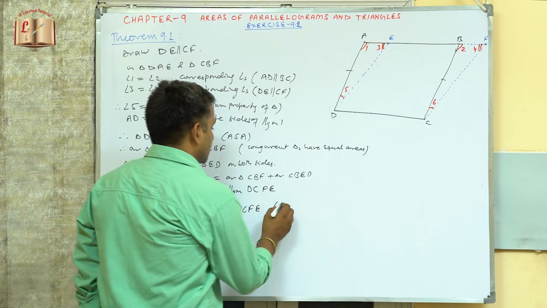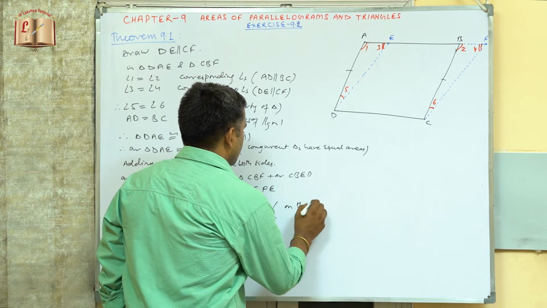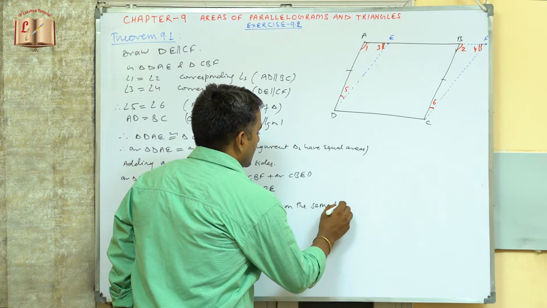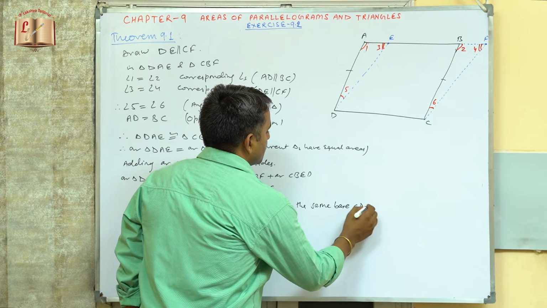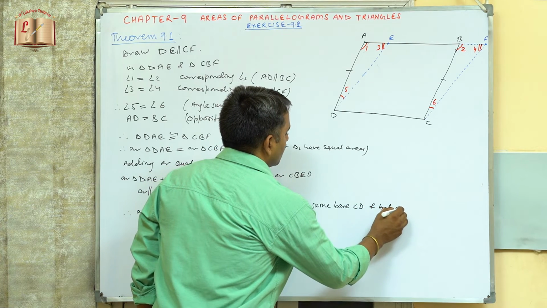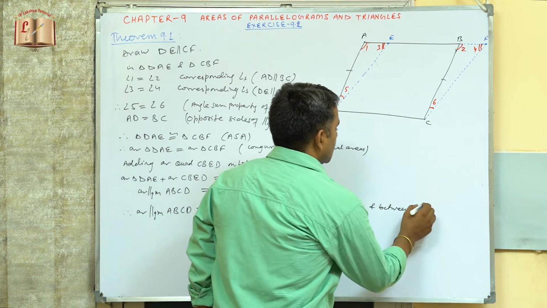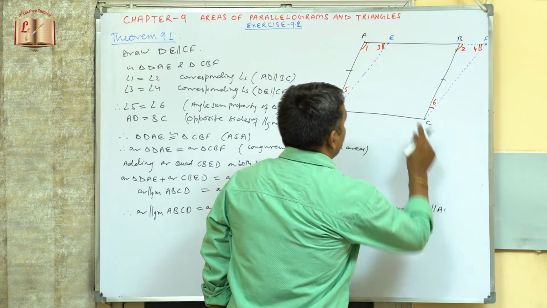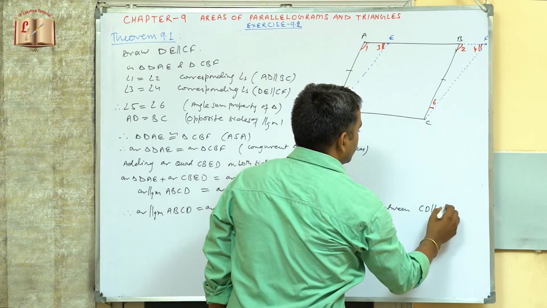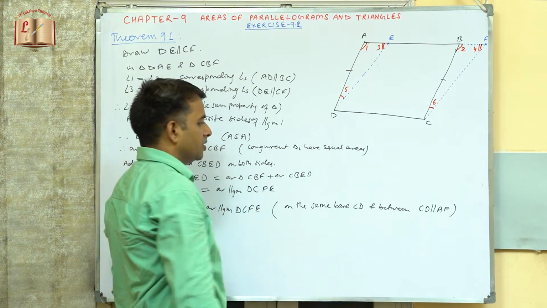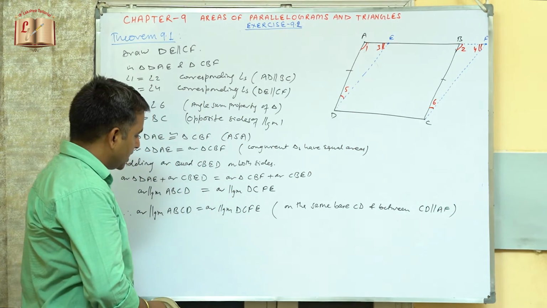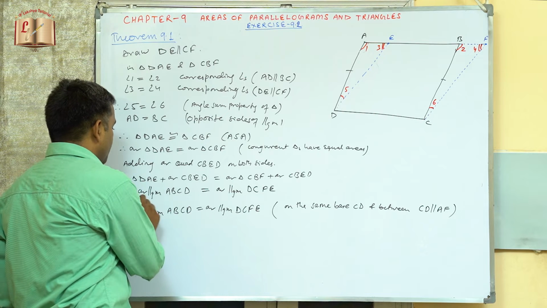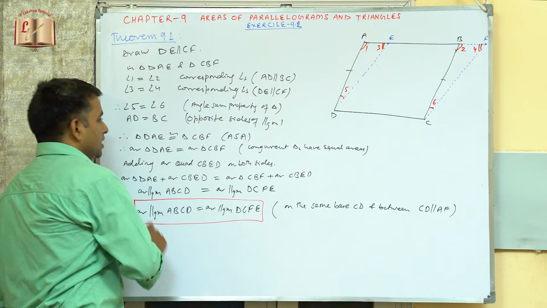So these are on the same base CD and between the parallels CD and AB, or we can call it AF. So this is now proved. So we got the result that the area of parallelograms is equal when they are on the same base and between the same parallels.